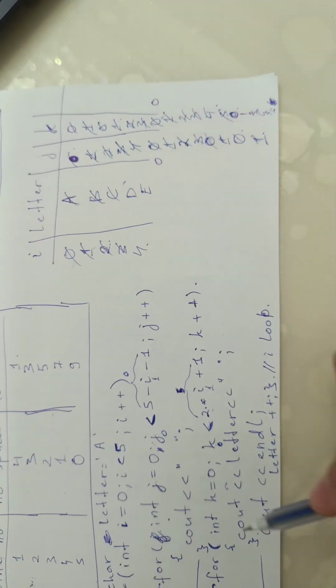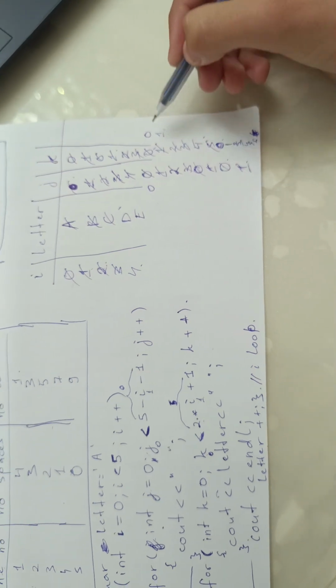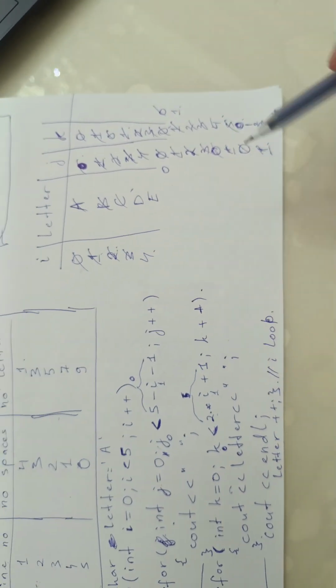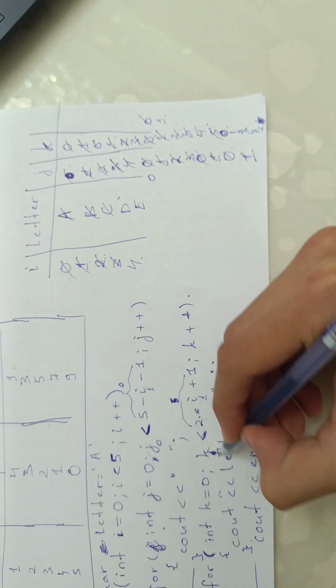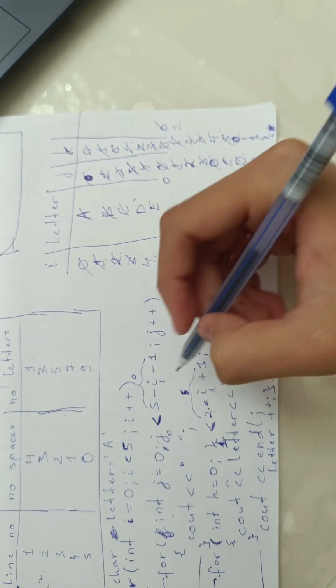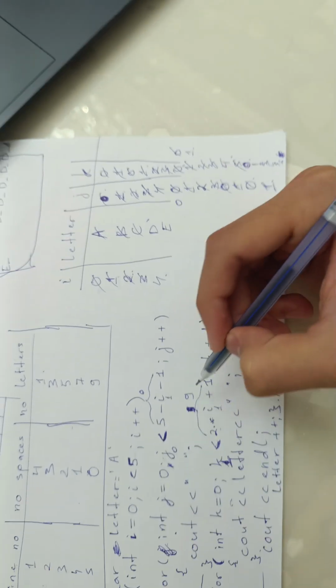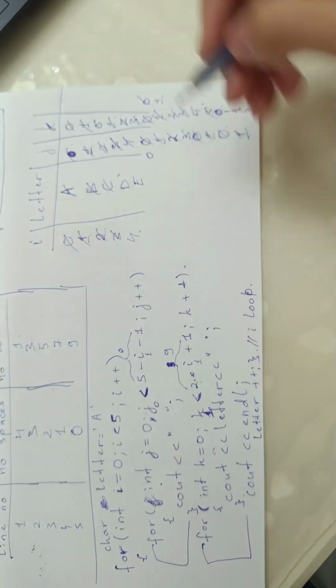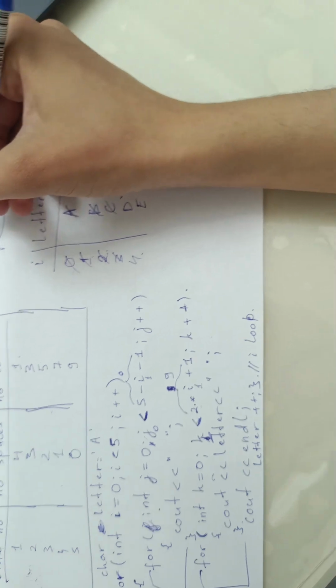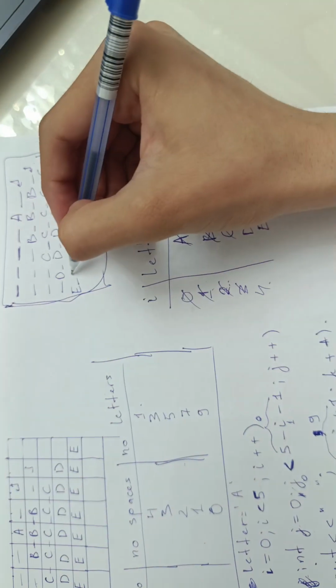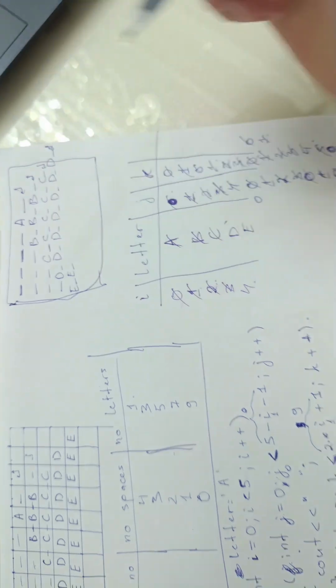Then it checks 1. K changes to 1, and 1 is less than 9, and it prints out one more E and space.